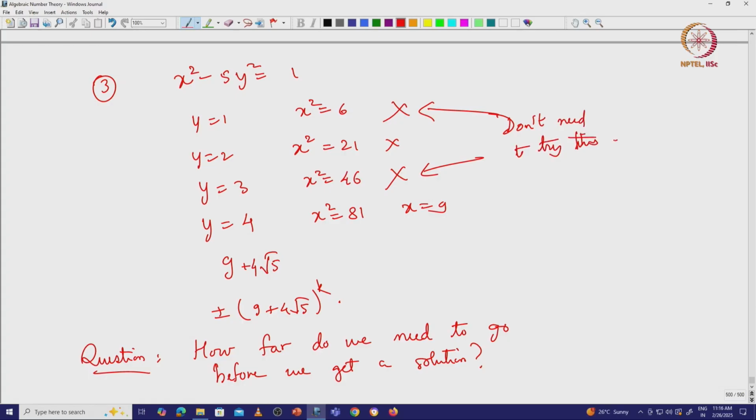Because 5 is 1 mod 4, and y square, if y is odd, will also be 1 mod 4, and when you add that to 1 you get something that is 2 mod 4, so this will never give you a square. A square is never 2 mod 4. So you only need to try even values of y. You can do all this sort of analysis, but even without it, you do not have to go too far to find a solution.